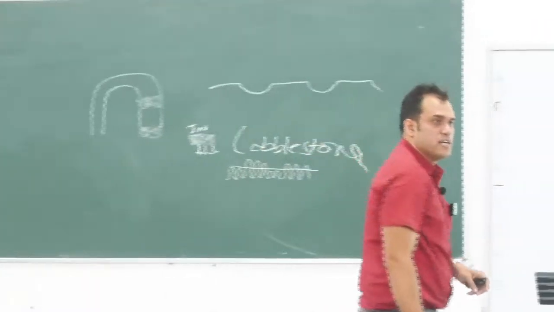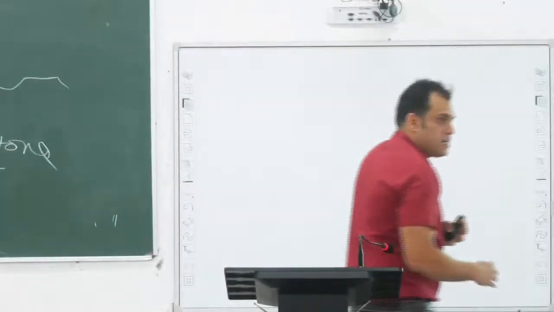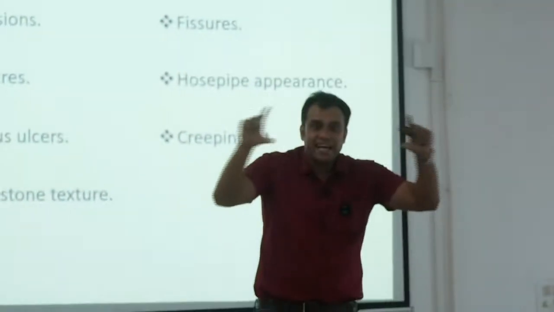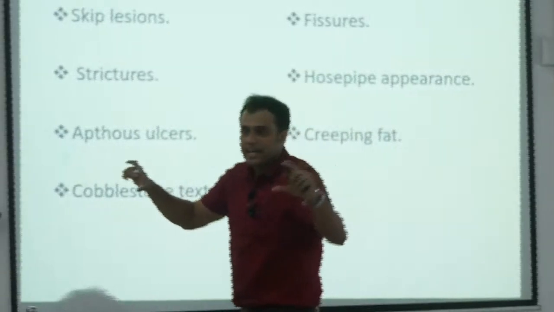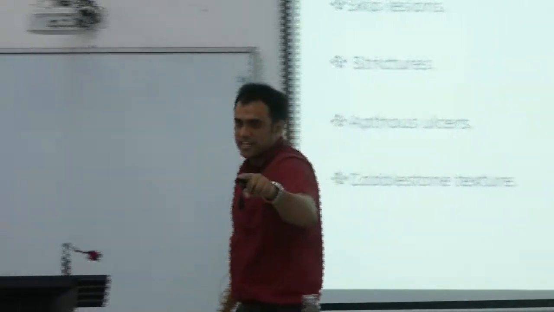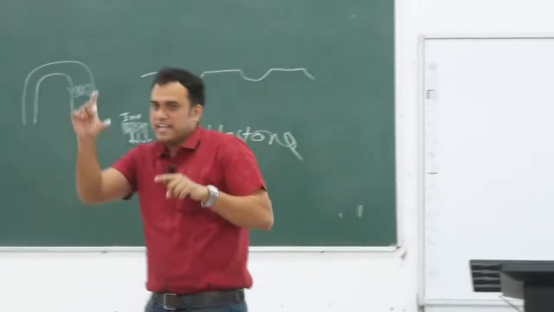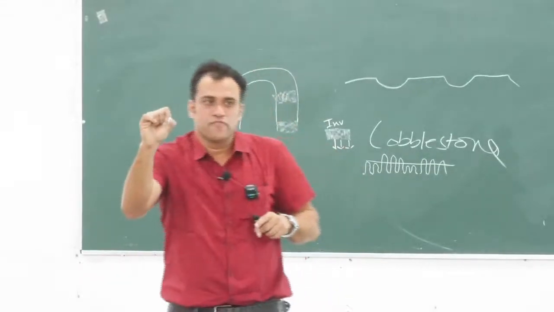Then comes stricture. Extensive areas of edema, because of inflammation, there will be edema, submucosal fibrosis, hypertrophy of the muscularis propria. They will all cause thickening of the wall. To a certain extent, it has been equated with the hose pipe. Finally giving rise to stricture of the lumen.